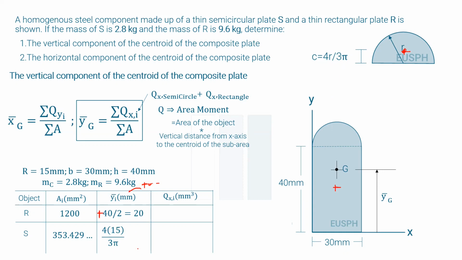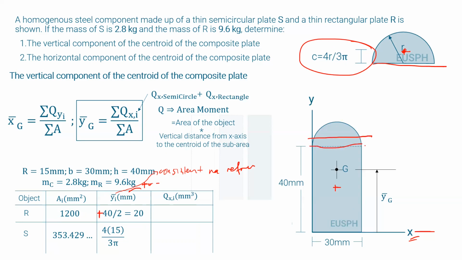Kaya lang, you have to remember na sa column po na to, meron tayong consistent na reference, which is yung x-axis. Ibig sabihin, dapat lahat ng y na ilalagay mo dito, reckoned from x. Nasaan ba yung 4 over 3 pi? Saan ba siya reckoned? Reckoned siya dun sa diameter.